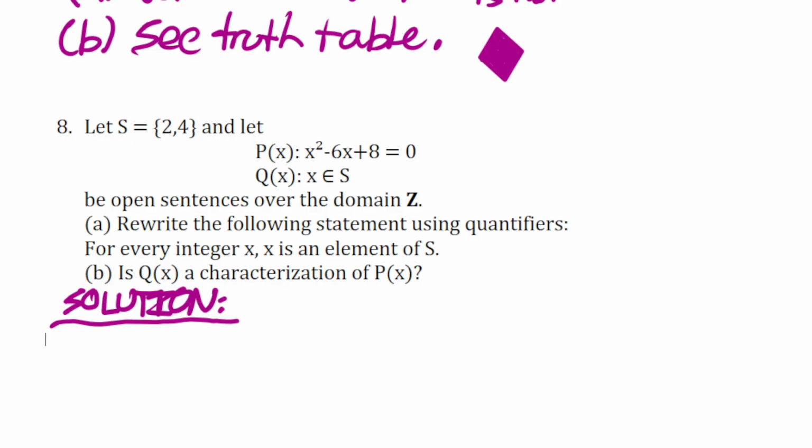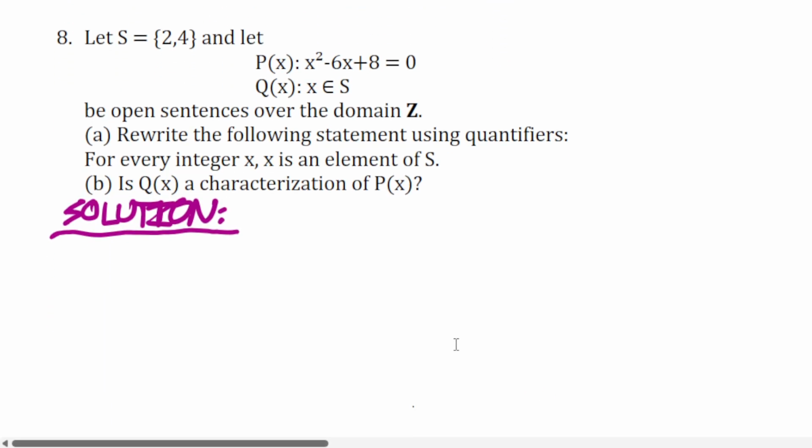We are asked to rewrite the following statement using quantifiers: for every integer x, x is an element of S. And we're also asked to identify if Q of x is a characterization of P of x. Part A is pretty straightforward, so let's start with that part first.